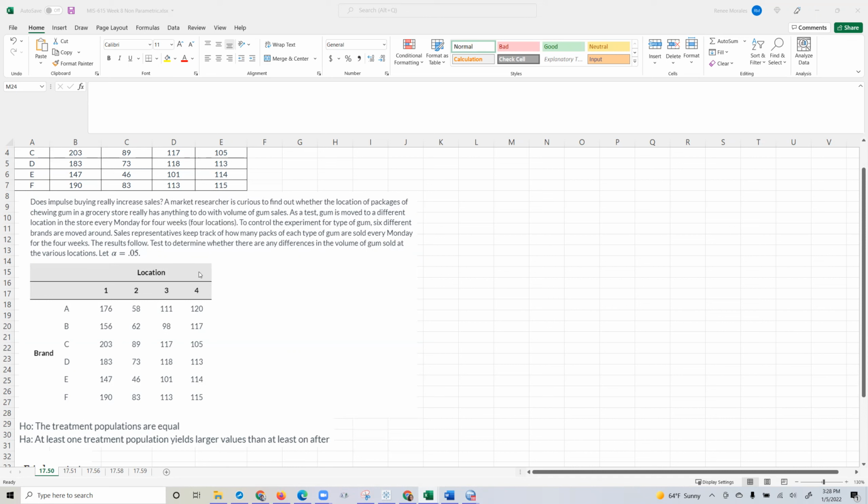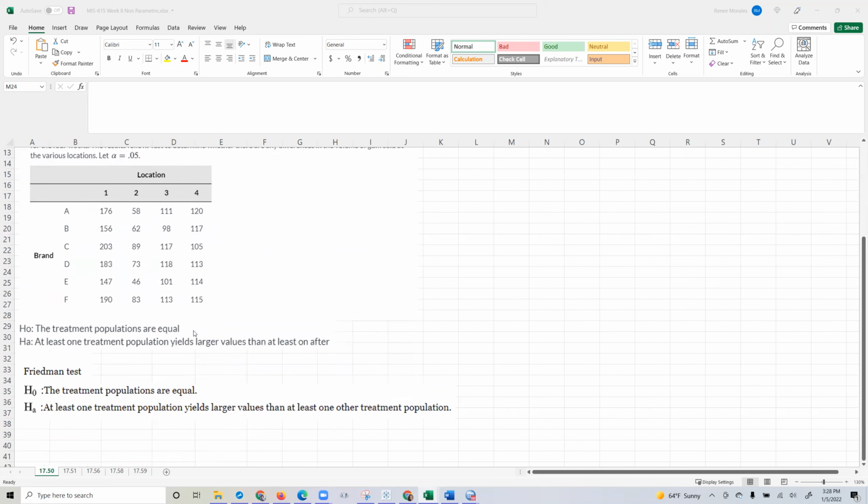So what they want to know is to determine whether there are any differences in the volumes of gum sold at the various locations by brand. And they give us the alpha level here. Now, when we use the Friedman test, our null hypothesis is going to be that the treatment populations are equal.